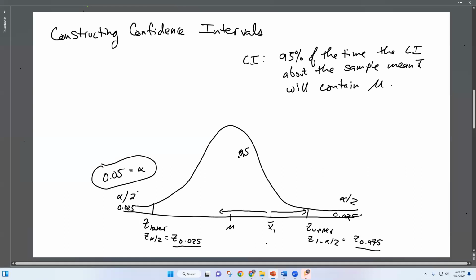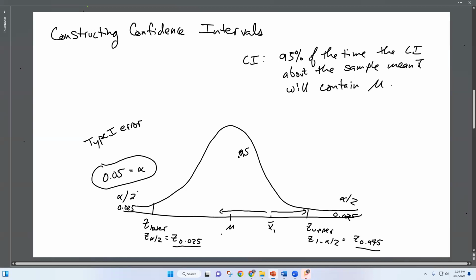This is what we call a type 1 error: the sample happened to be pretty high or pretty low, and so we didn't cover the mean.